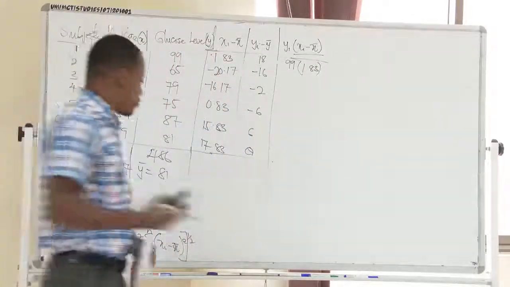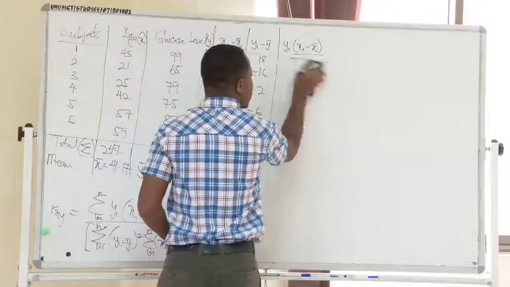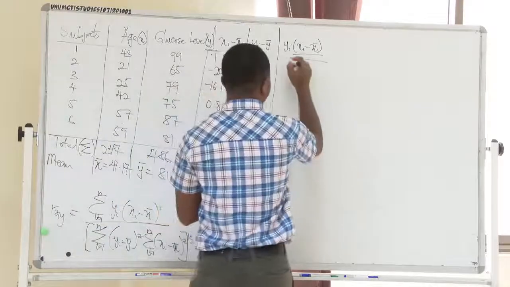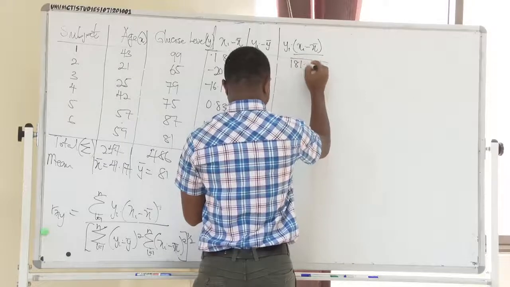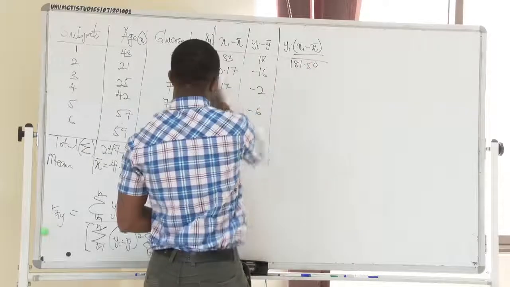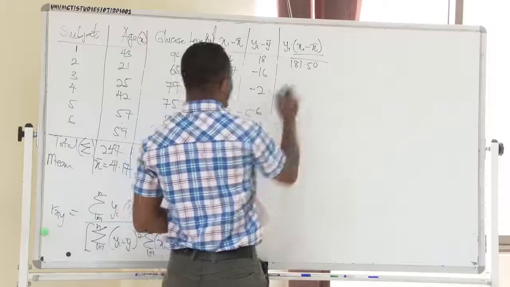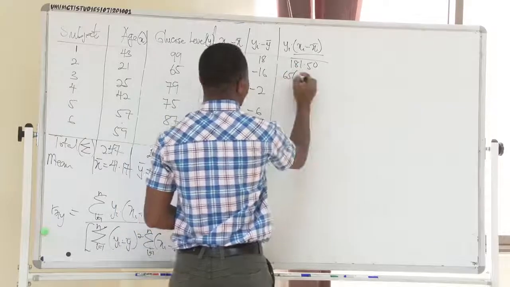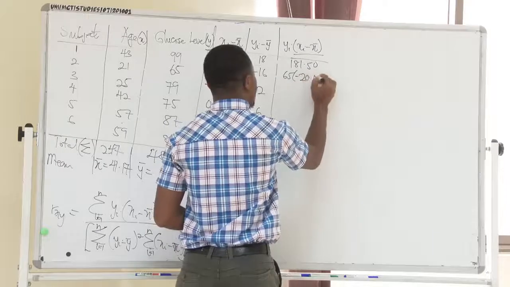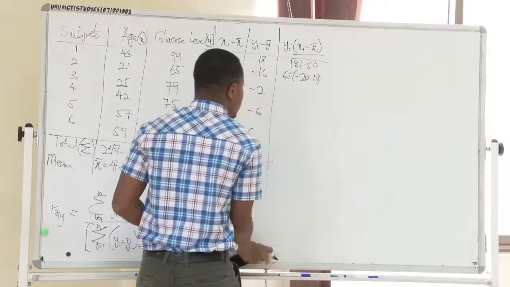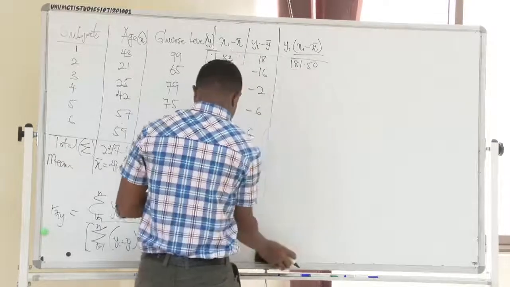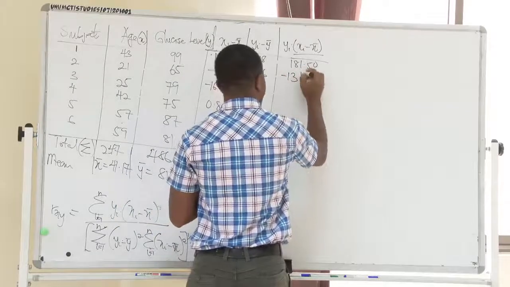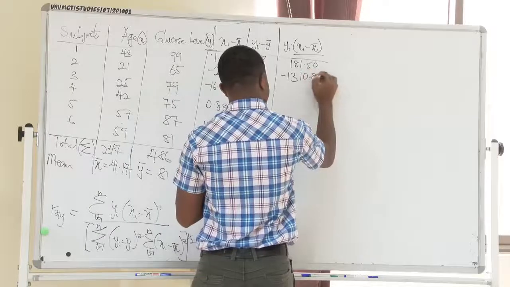In simplifying this, we have the value of 181.50. If we do the same for the second row, we are going to have 65 times minus 20.17, which will be minus 1,310.83.